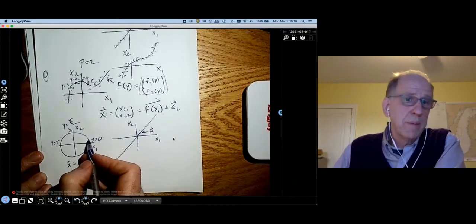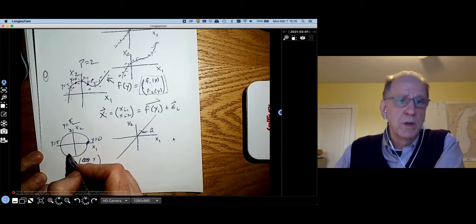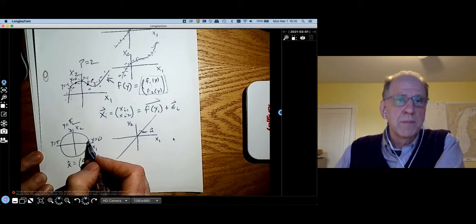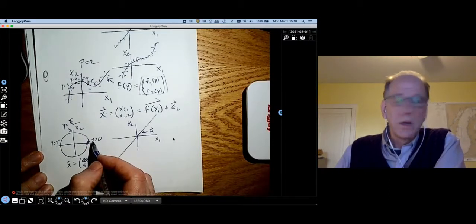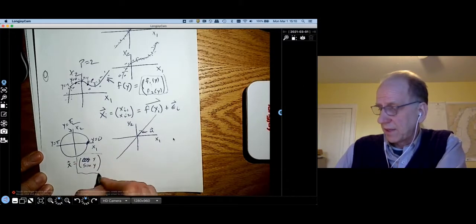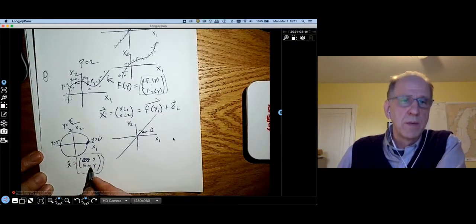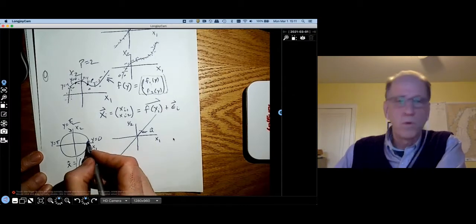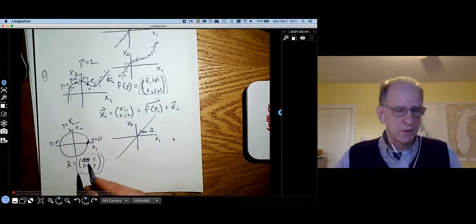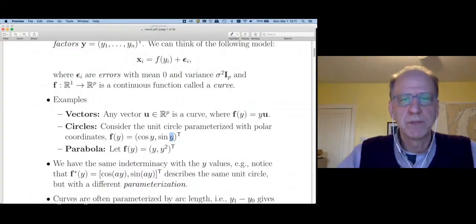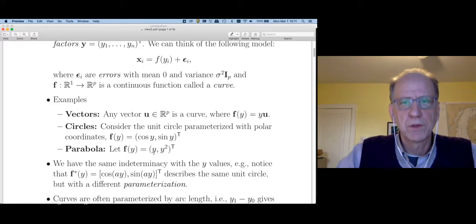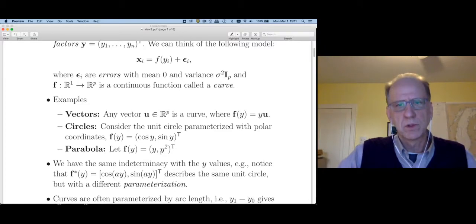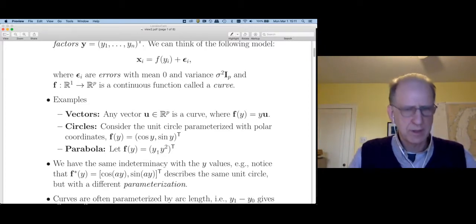And so I can describe any position on this circle by indicating the arc length around it, which is given by this y variable. Alternatively, I could convert that into x1, x2 coordinates by taking the cosine and the sine of y. All right, so that's another example of this. I could generate a parabola as follows. If I take y comma y squared, this y is indicating the location of that.